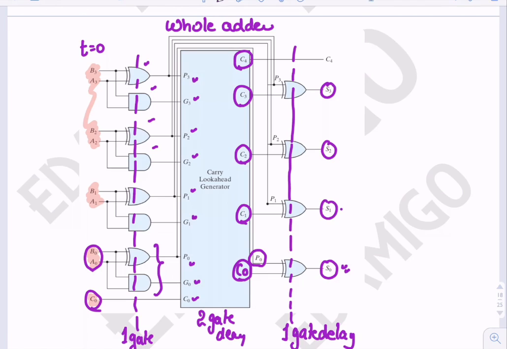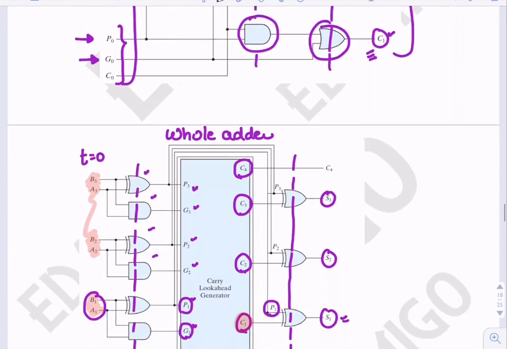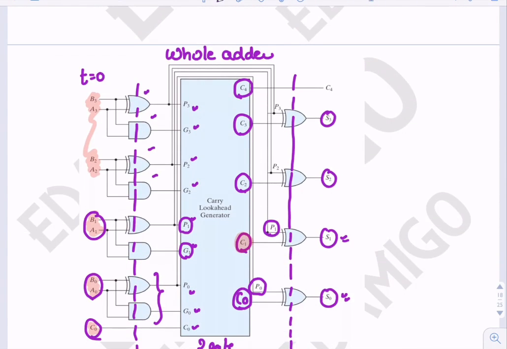But let's look at S1. For S1 we have A1, B1. After one gate delay, P1 and G1 are available. So P1 is available after a single gate delay, but C1 is not available, because for C1 there are two gate delays from the inputs P0, G0 and C0.